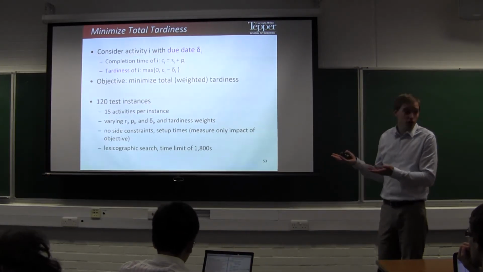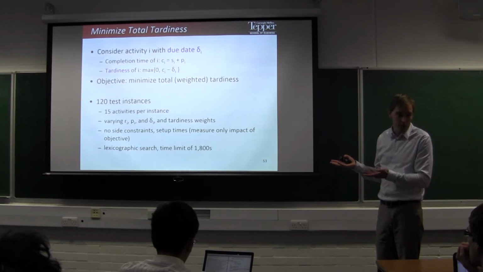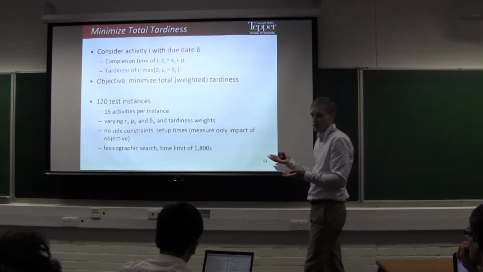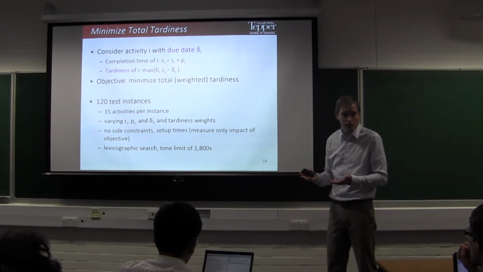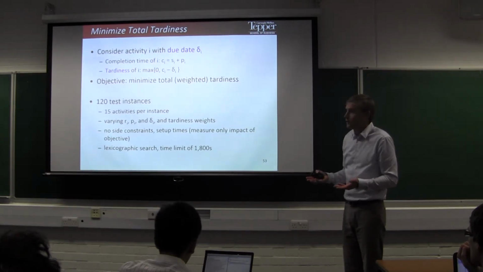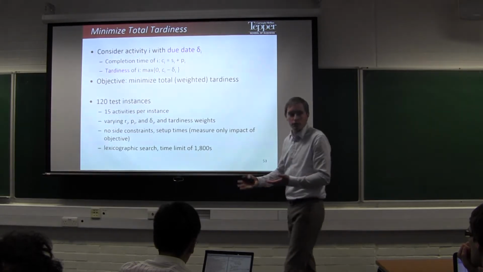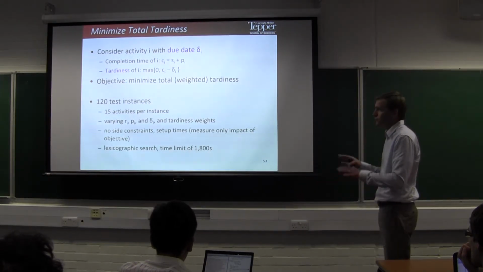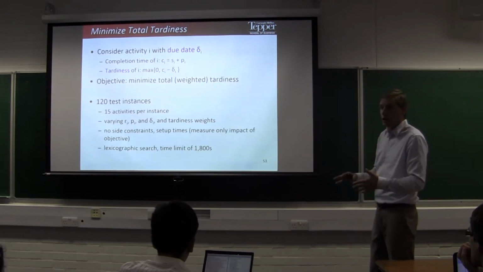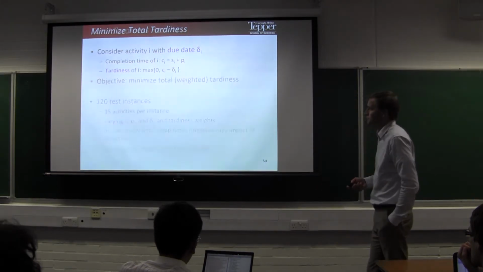I can tell you we can solve much larger ones, perhaps not optimally, but we can solve instances with thousands of activities without problems in terms of scalability, but I just cannot guarantee optimality. If I want to compare, then I need to have small enough instances to show you something, because we're doing an academic comparison here. So in terms of scalability, I can tell you it does scale, but not necessarily optimally.